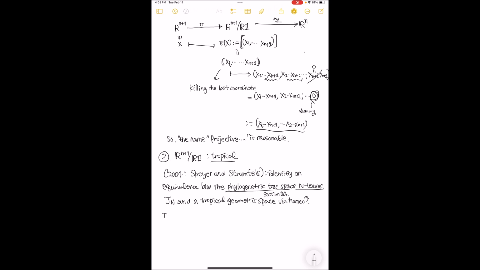I explained what a phylogenetic tree is in lecture 4, with the concepts of leaves and edges and so on. So the concept of the phylogenetic tree is contained within R^m/R1. As we draw the picture, it is an acyclic connected graph with branches, describing the evolution model. That is a type of tropical projective torus.